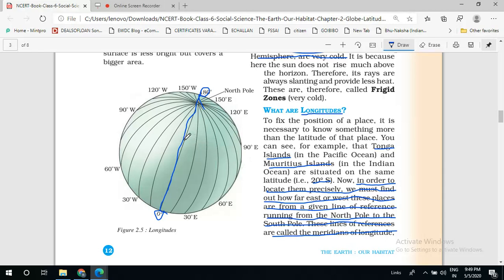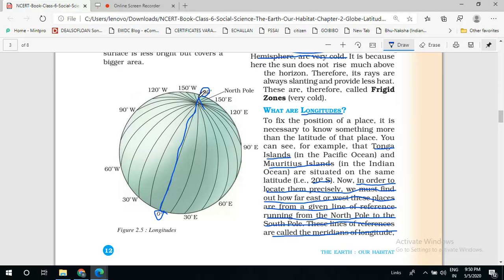These all are imaginary lines. Now we have drawn 180 lines in the western side. Here only some lines are drawn, actually there are 180 lines. This is 0 degree, 1 degree, 2 degree, 3 degree, 4 degree, 5 degree, 6 degree, like this it goes up to 180 degree west.